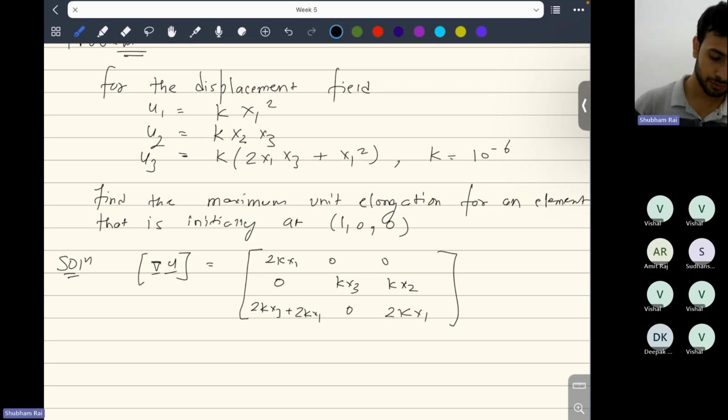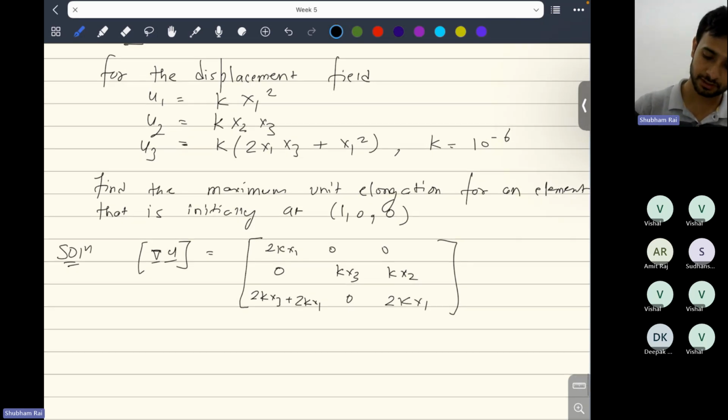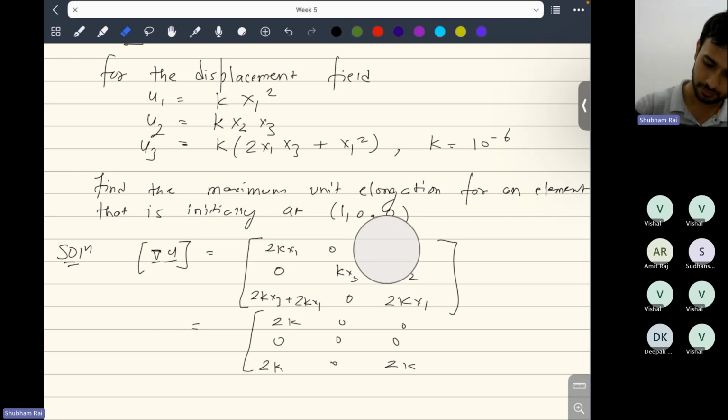Now if you put the values x1 is 1, x2 is 0, x3 is 0, we'll get 2k here, 0, 0, and since x2, x3 are 0, this will be 0, and here also we'll get 2k. I think I have made a mistake here.